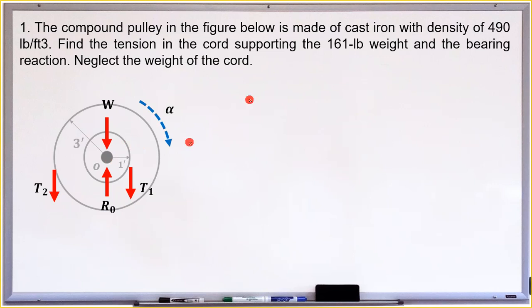Its centroidal rotation coincides with its center of gravity, which is located here, as well as its axis of rotation.